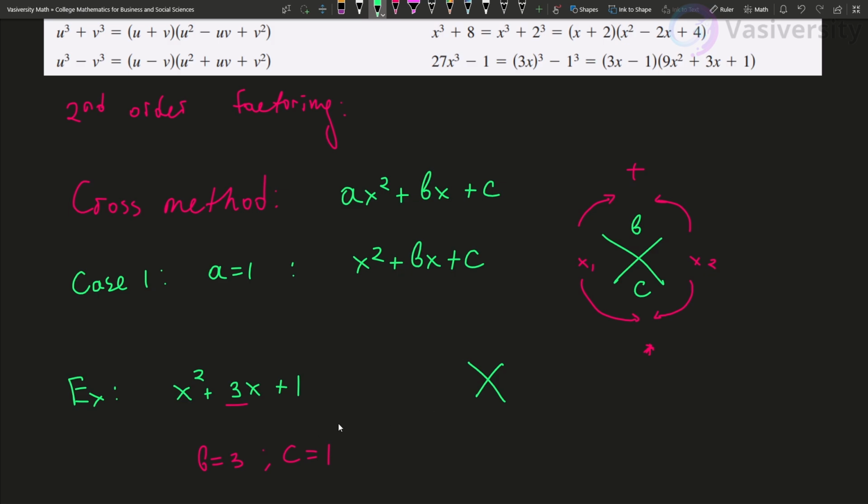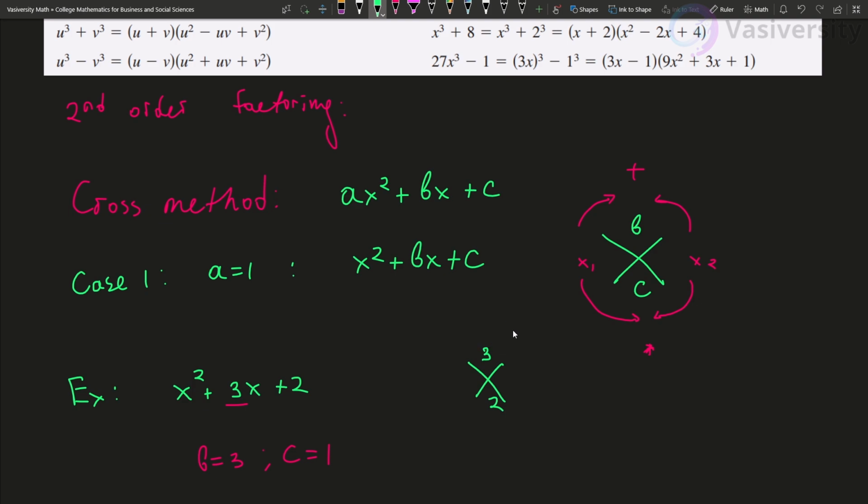That means something plus something is equal to 3, and something times something is, actually let's make it 2, equal to 2. Okay, so what combinations of numbers can we have? It can be 1 and 3, or 3 and 1, 2 and 1.